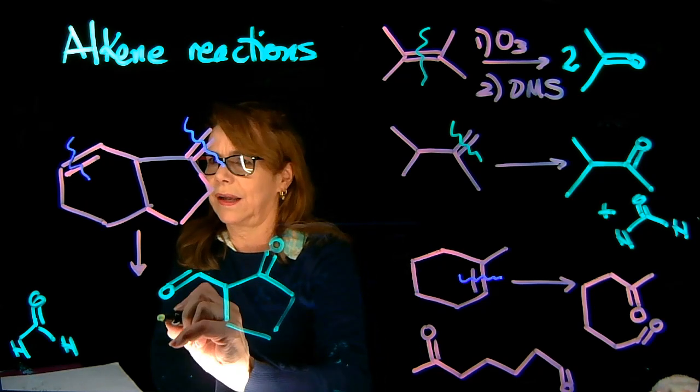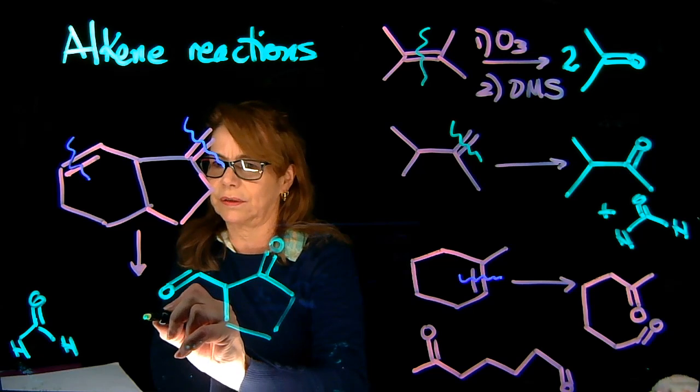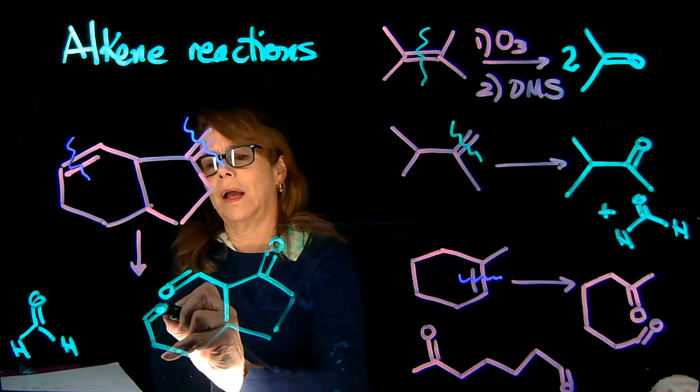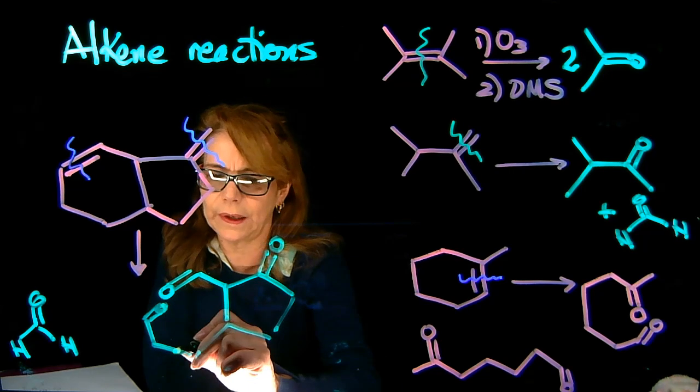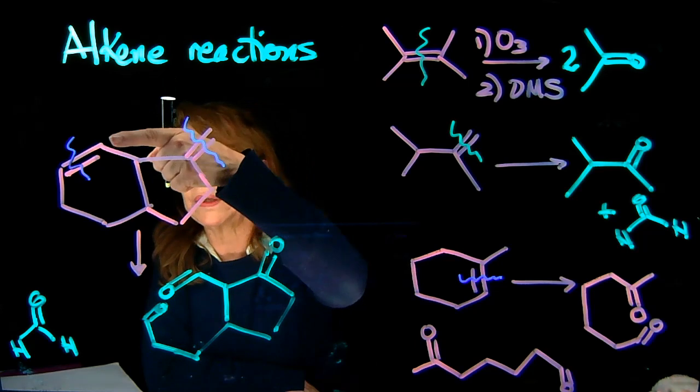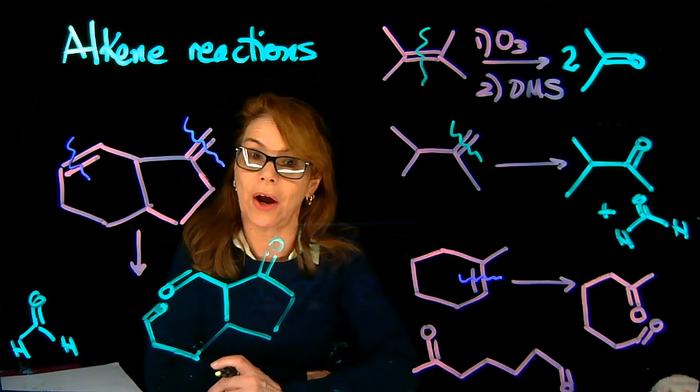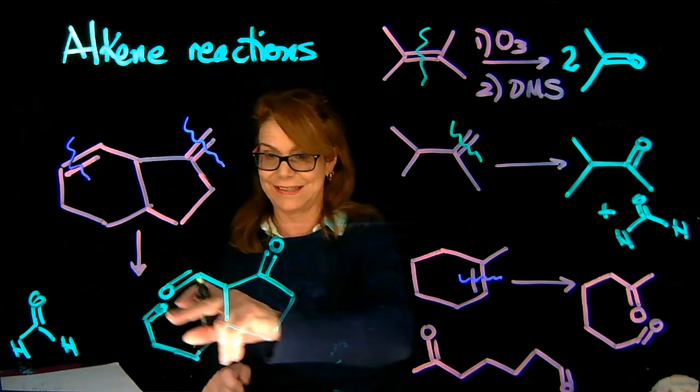And here I'm going to detach it a little bit. That's that end. Because we didn't have a substituent here or here, these 2 ends are aldehydes. All we need to do now is unfold it on this side.